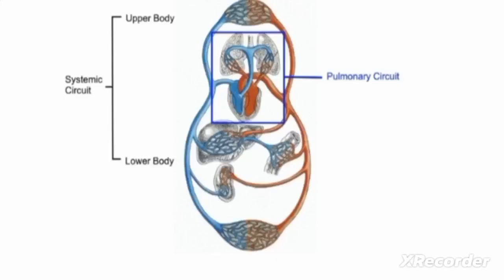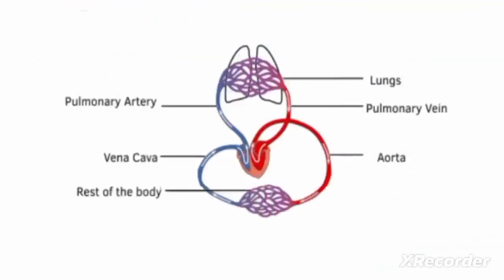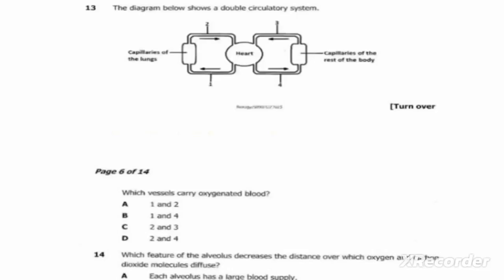Before we come back to the question, you can pause the video and consider the diagram given here. Therefore, our correct answer is 2 and 4. 2 is representing the pulmonary vein, 4 the aorta.